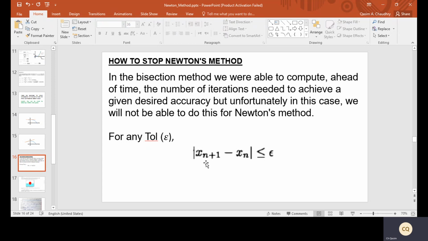For example, if you had x naught and now you calculate x1, you take the absolute value, meaning the positive value, of the difference between x1 and x naught. If this difference is less than or equal to epsilon, then you simply stop. And if your error is greater than the tolerance, then you should find out the next iteration and the next value.